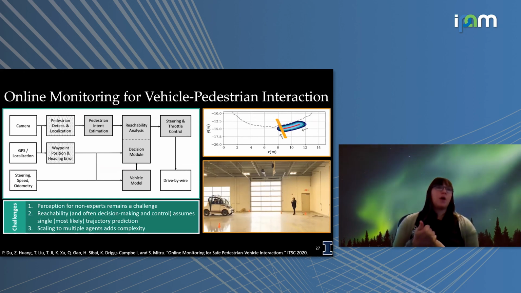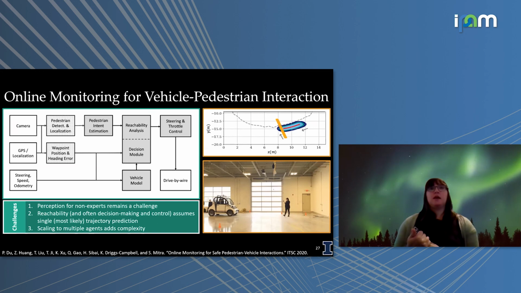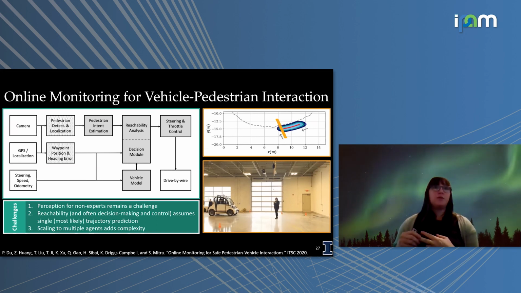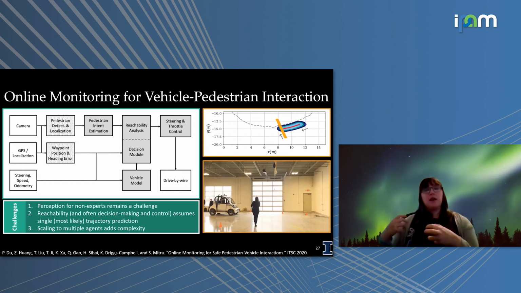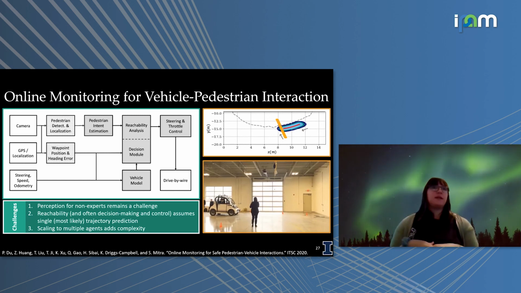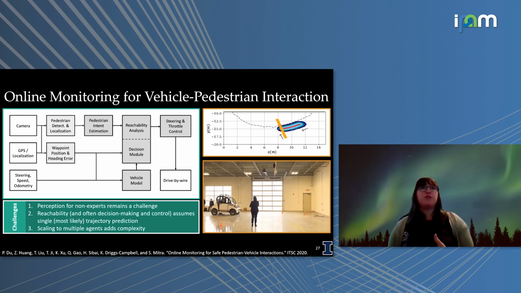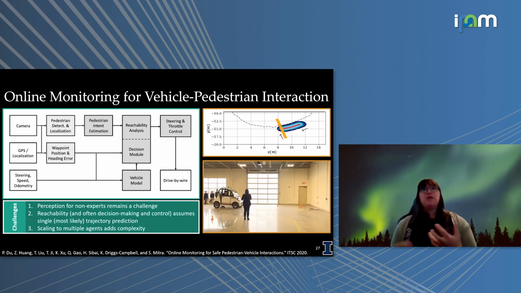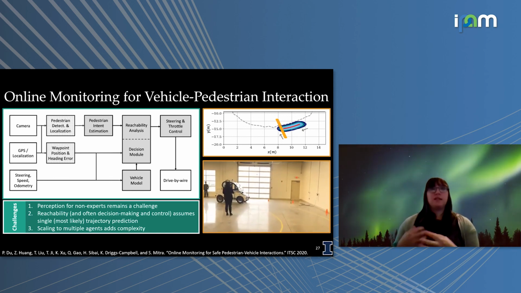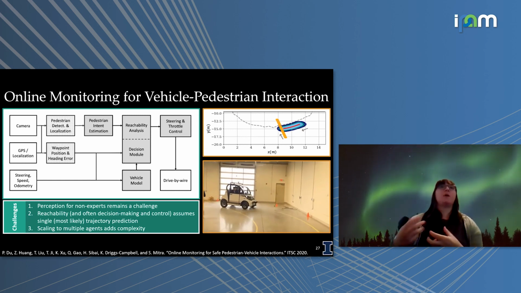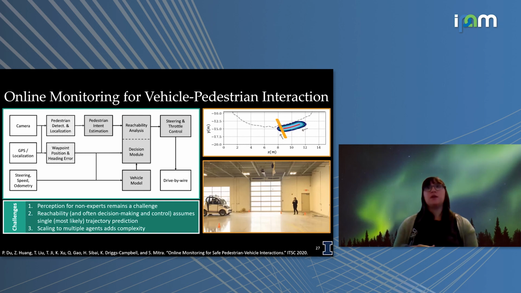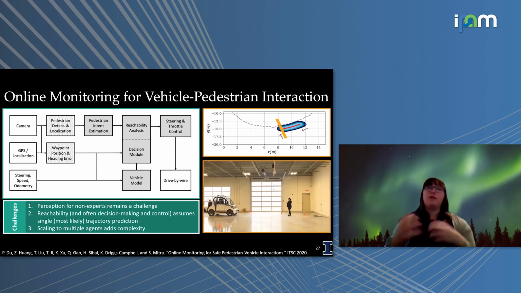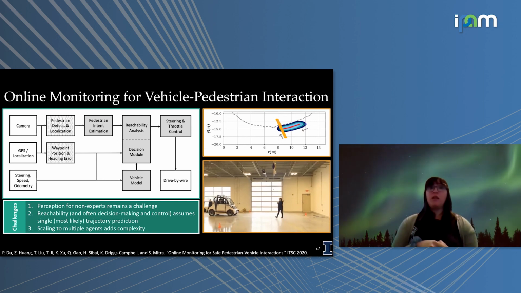The other open challenge is that with most of these reachability tools or even just decision-making control, when you're incorporating these predictions, you often have a single or most likely trajectory. Or alternatively, you just assume you have something like the worst case. But we're throwing out a lot of the insights that we have from having these multimodal predictions or these alternative intents.